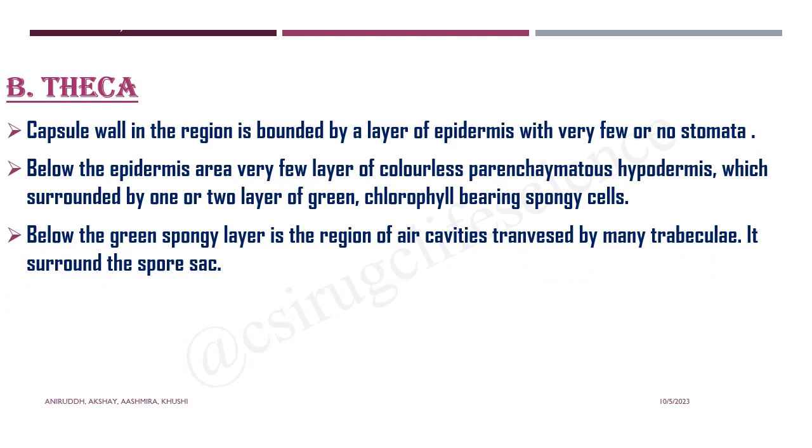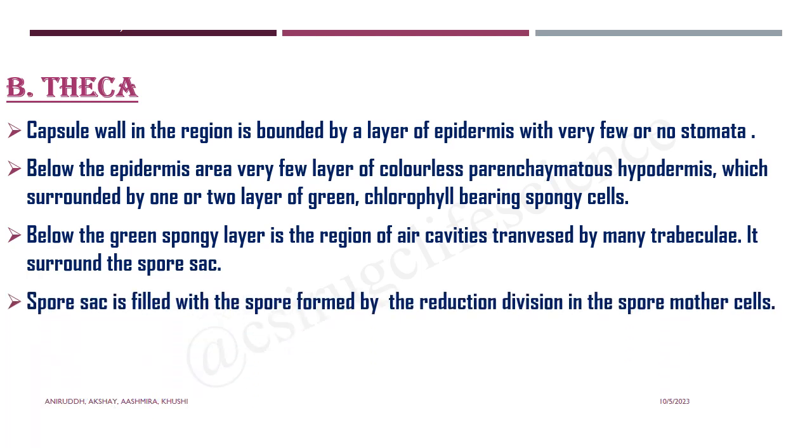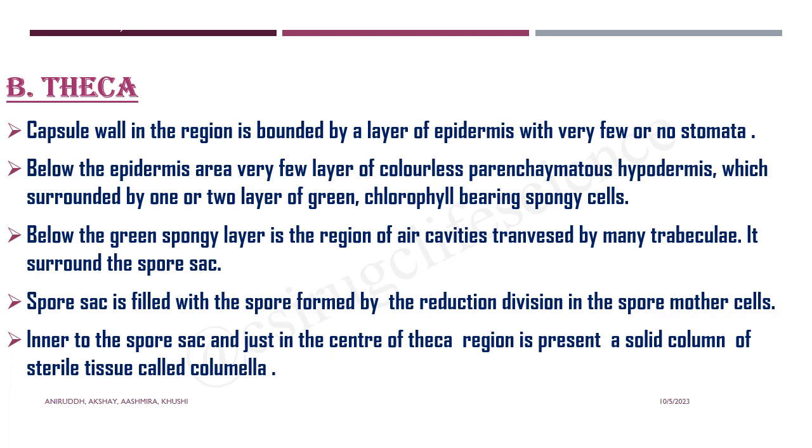Below the spongy layer, there is a region of air cavities. By many trabeculae, it surrounds the spore sac. The spore sac is filled with spores formed by reduction division in the spore mother cells. Inside the spore sac, just in the center of the theca region, is a solid column of sterile tissue called columella.